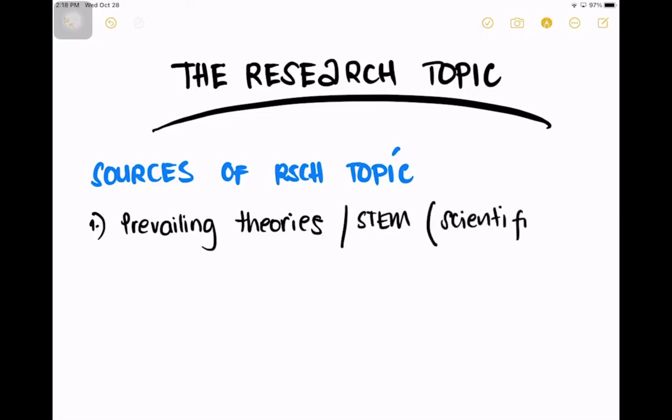These are basic concepts we learn in science that might be interesting if we put them into a research perspective. So you might consider that.